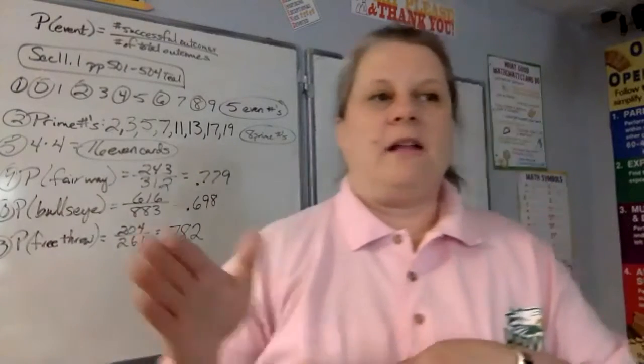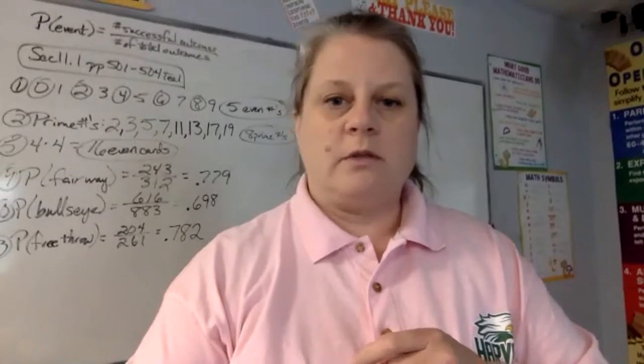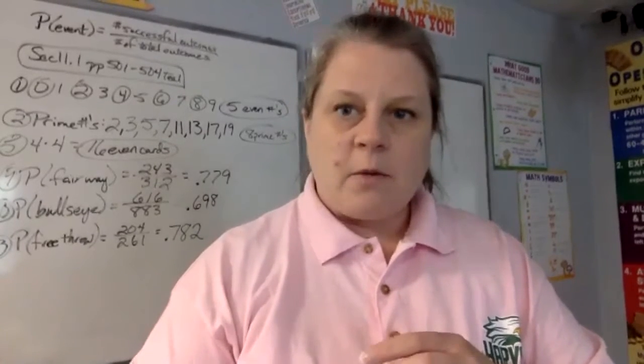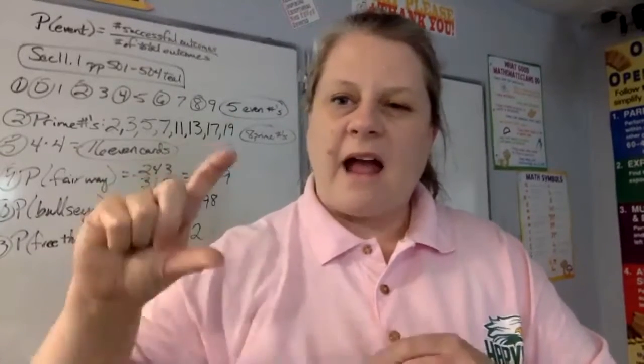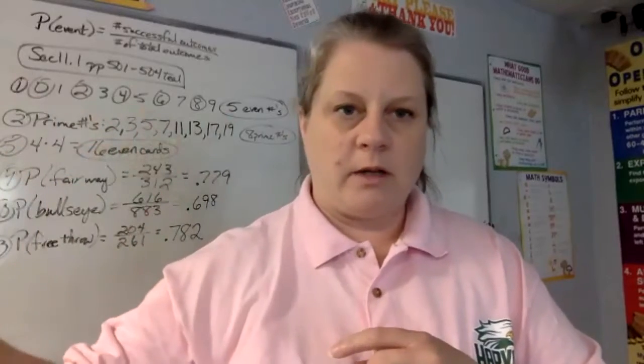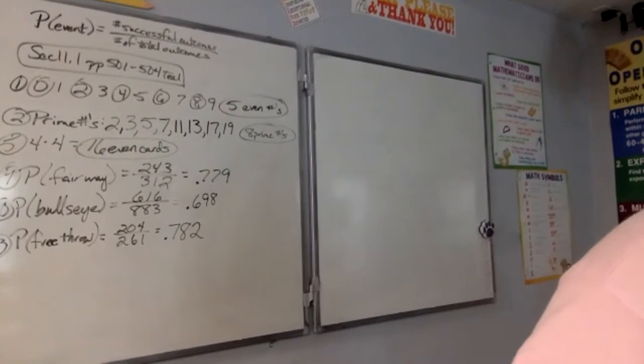Like if I had 3 yellow marbles, 5 blue marbles, and 2 green marbles, that's 10 marbles total. Whenever I add their probabilities, they have to add up to 10 out of 10, or 1.